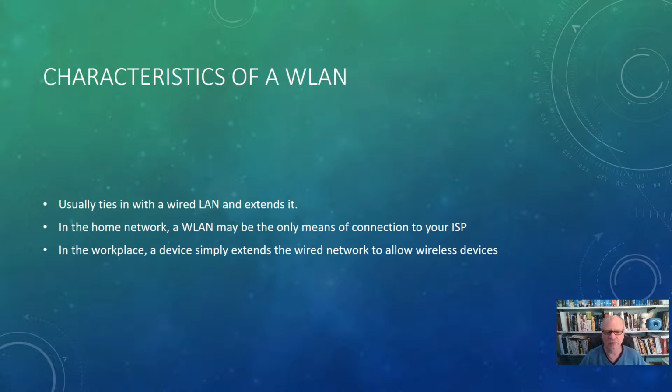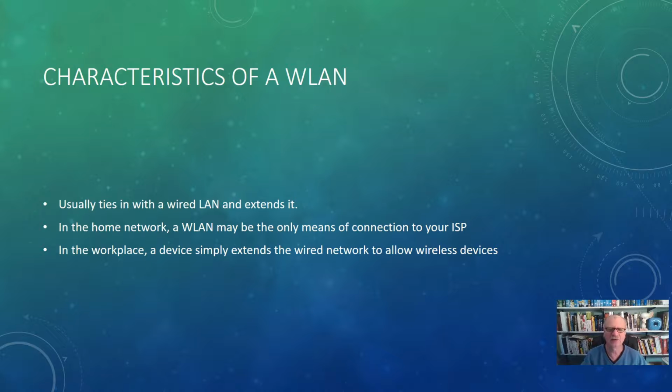However, in the workplace, we have another kind of device called a WAP, or wireless access point, and that does nothing but extend a wired network. So the network is actually created by a wired router, but then you run one of the wires from that router to a wireless access point or system of wireless access points, and then those wireless access points just allow wireless access to the wired network.